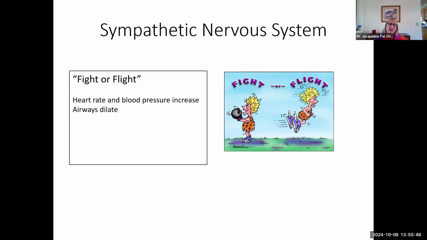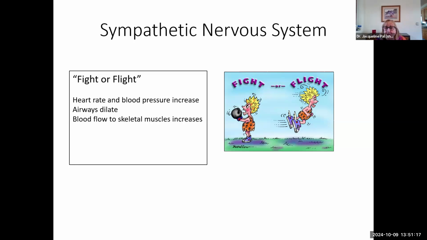I didn't say your lungs were going to get bigger. I didn't say your respiratory rate was going to get bigger. I didn't say any of those things. Those things are not equal to each other. What I said was your airways were going to dilate so that more air can come in when you take a breath.